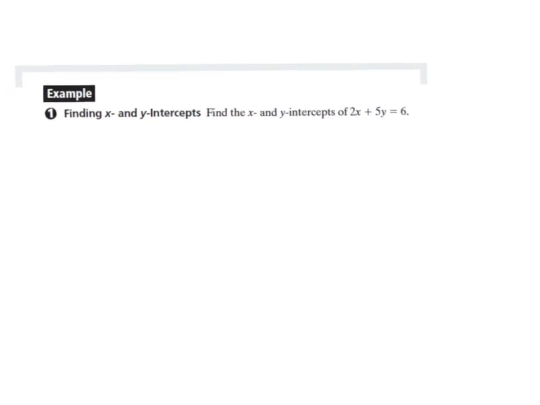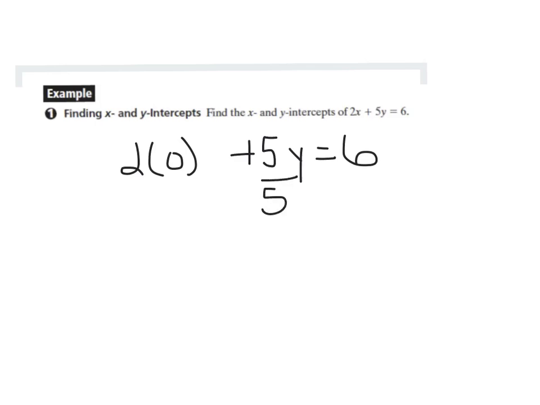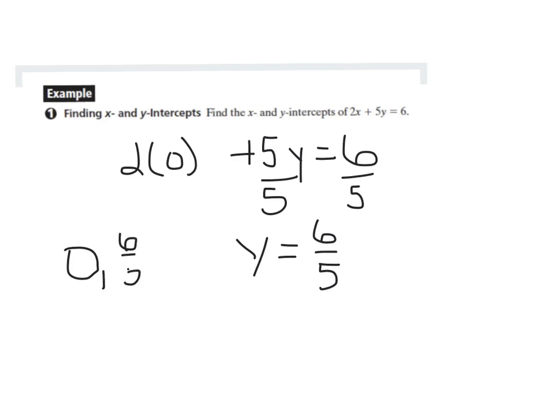So if we replace our x with 0 and solve the equation for y, 2 times 0 is 0, so we're left with 5y equals 6. If we divide both sides by 5, we are left with y equals 6/5. So that is our y-intercept, 0 and 6/5. And just leave it as a fraction. We don't need to bother with the decimal value there.